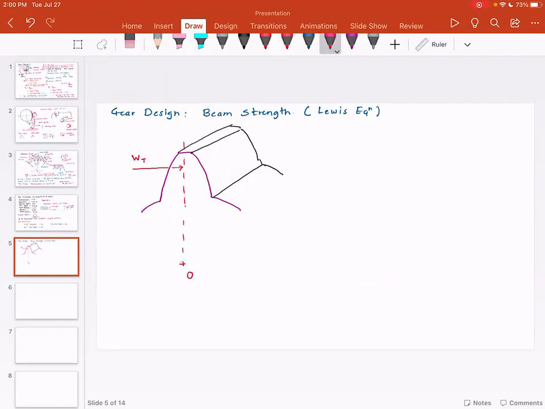And this gear has a certain pressure angle, maybe 14.5 or 20 degrees. If I draw a line that shows the line of action of force, this is called WN. This angle is the pressure angle, usually called phi.